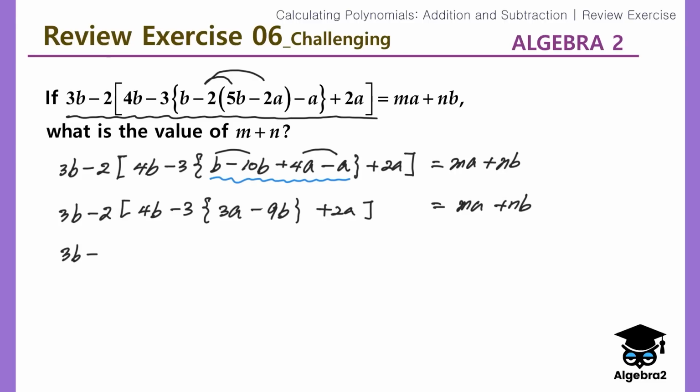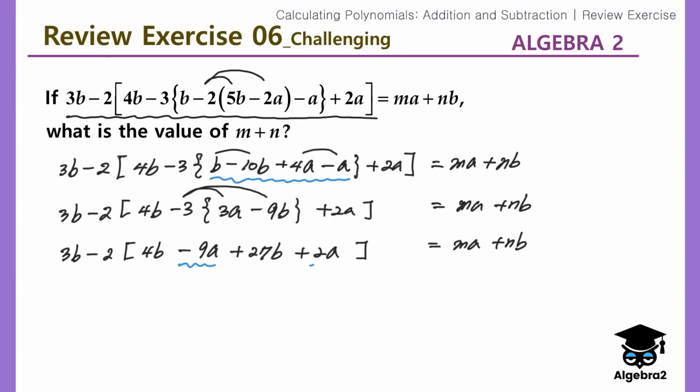So 3b minus 2, 4b minus 3 times plus 3a, that's minus 9a, minus 3 times minus 9b, that's plus 27b. And we have plus 2a is equal to ma plus nb, right? So inside of the bracket, we have negative 9a plus 2a and 4b plus 27b, right?